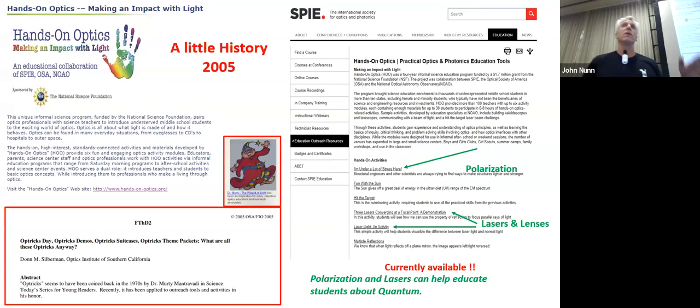Some of these tools are still available and still relevant from SPIE. This was, I think, from the Hands-On Optics program: polarization, lasers, lenses. These things are currently available on the website. And I'll show you in just a minute why polarization, for example, is very helpful in learning about quantum computing and quantum phenomena in general.